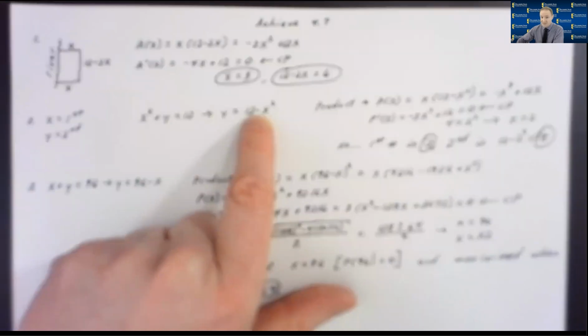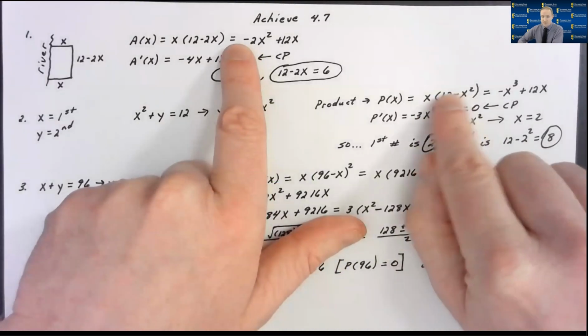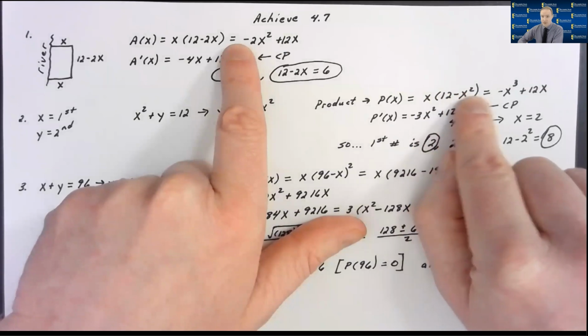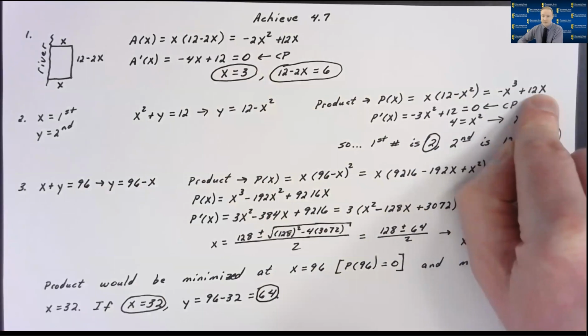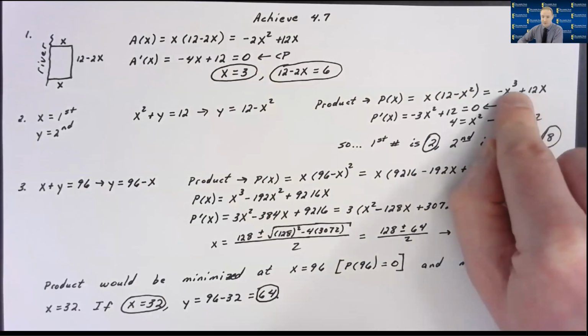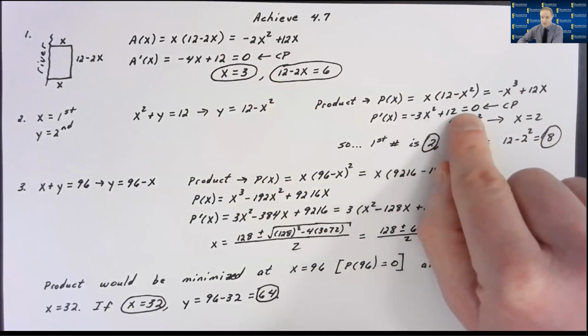So now, just like the last problem, I would distribute that x through this group, and I'll get negative x cubed plus 12x. And the derivative of that equation is going to be negative 3x squared plus 12.